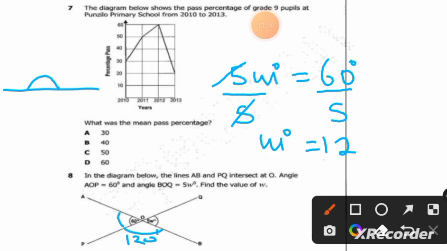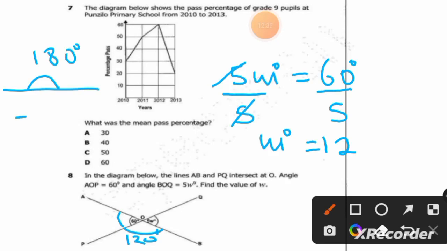So what are we going to do to solve this question using this property? We are going to say 120 plus 5W is equal to 180 degrees, because we know that angles in a straight line add up to 180.